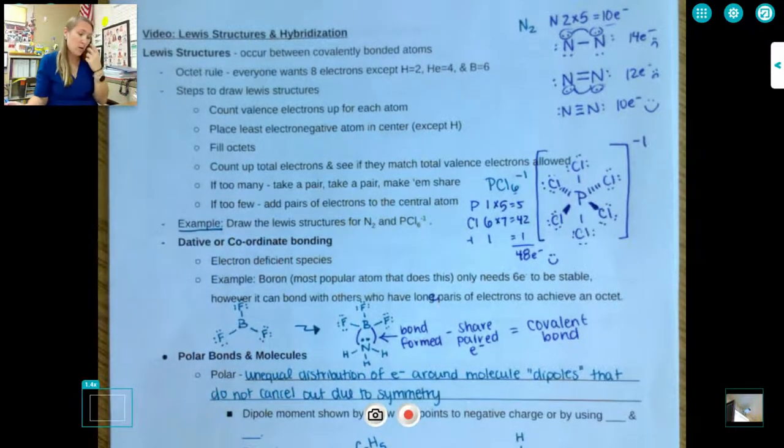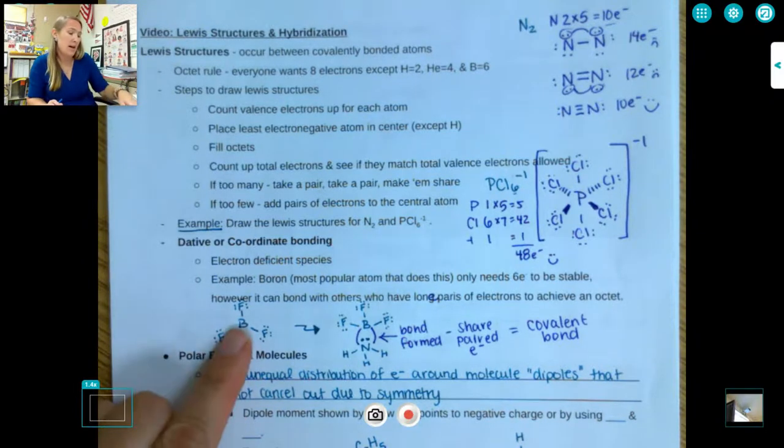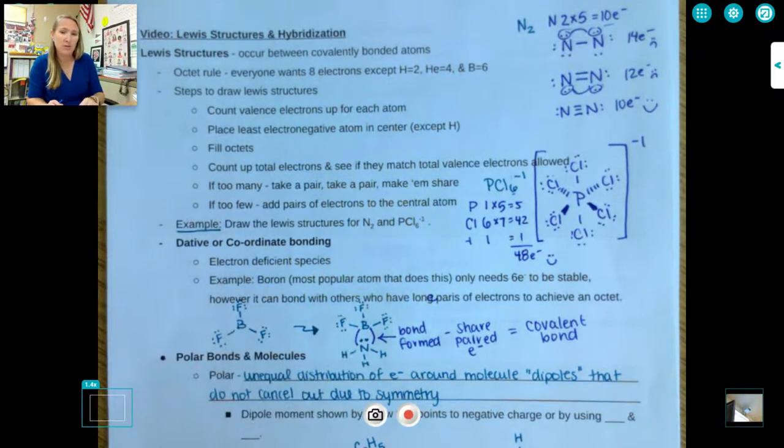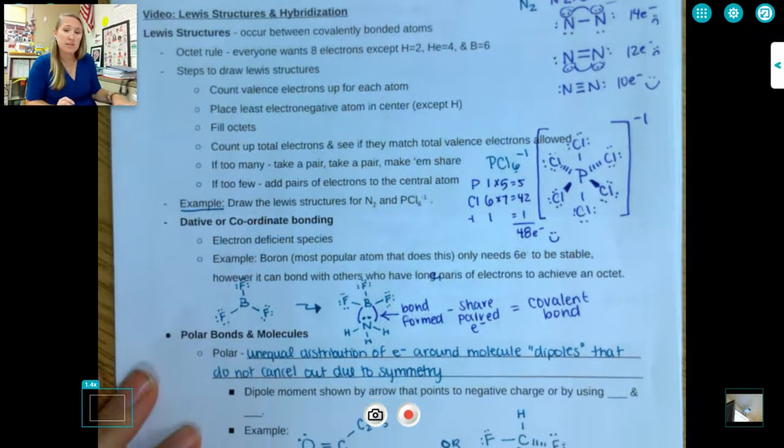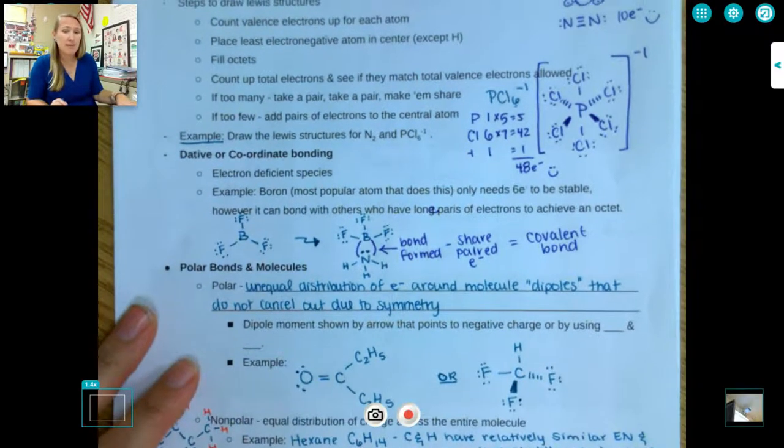So that is our coordinate bonding. It's unusual, but it does happen, mainly with boron trifluoride, or boron trihydride, and then something else with a lone pair of electrons comes up, and they make the bond there by sharing those electrons.